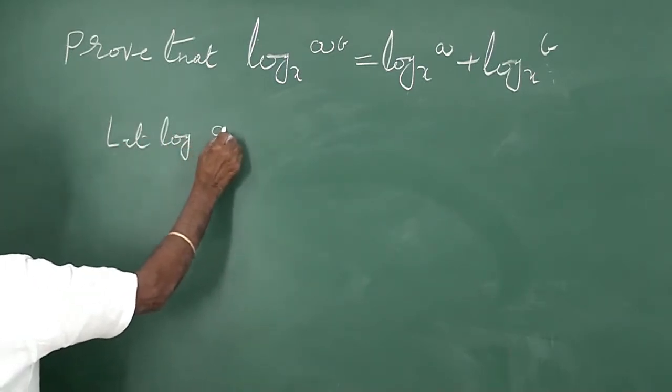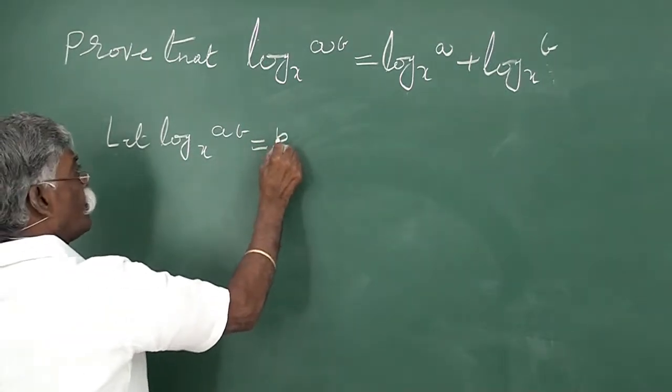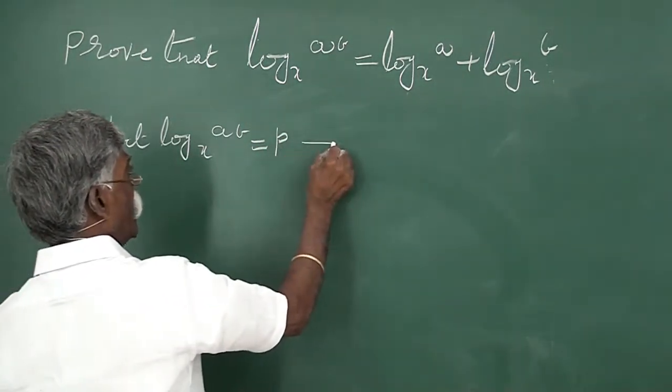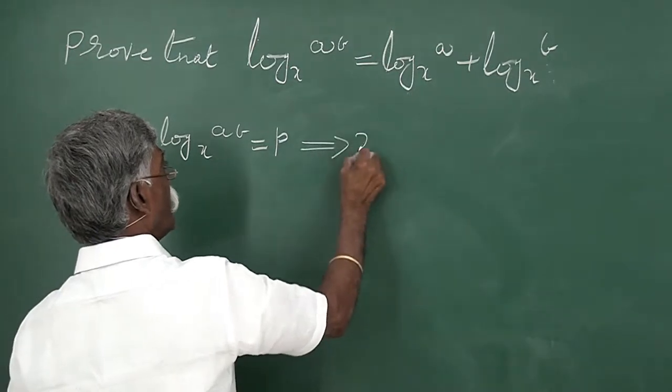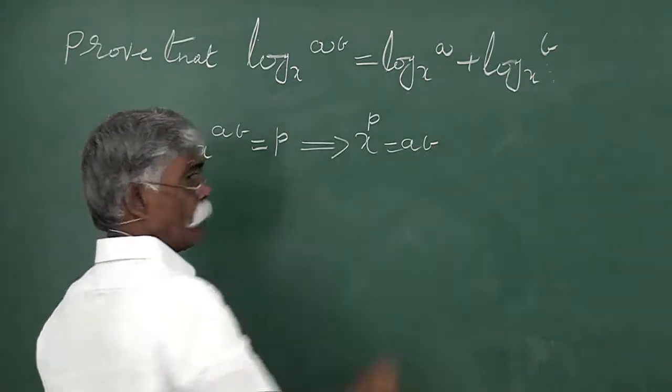Now, let log AB to the base x be equal to P, and hence this implies x power P is equal to AB.